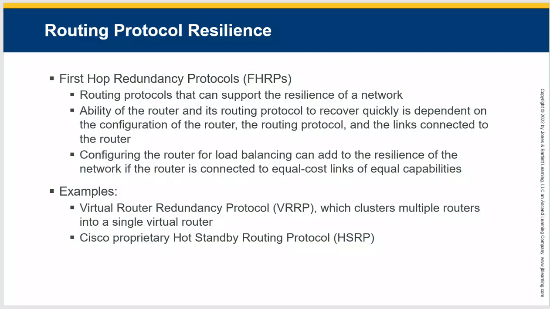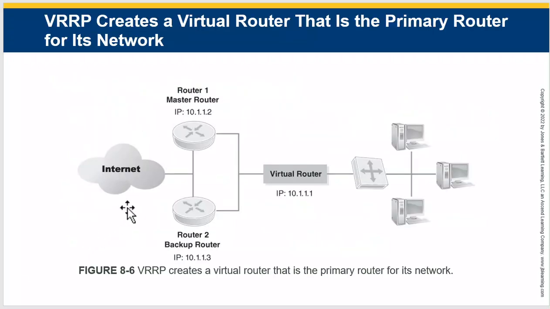And this next picture shows you the idea about the virtual router. You set this up on both these routers. These routers have to be configured basically identically, except they have different actual IP addresses. So this one's got an IP address of 10.1.1.2, and this one is 10.1.1.3.